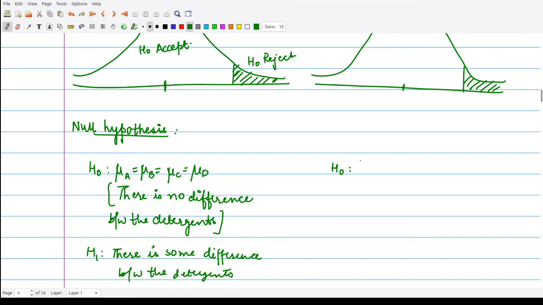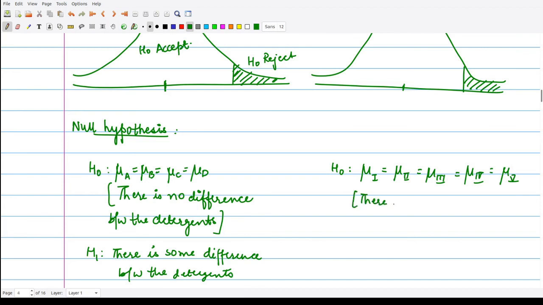And similarly, we'll set up the null hypothesis for engines. We will say mu1, that means the mean for the first engine, is equal to the mean for the second engine, that is equal to the mean for the third engine, fourth engine, and fifth engine. All the means are equal.